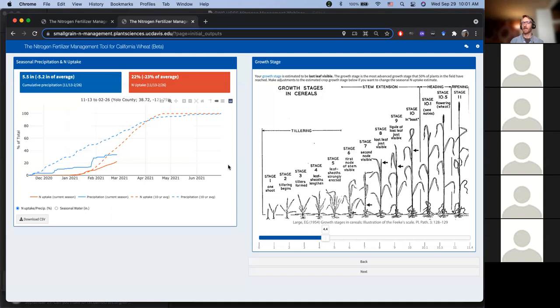Well, just to clarify, we're assuming water is available, either in the form of rain, which is going to occur as normal, or irrigation. The assumption is that the crop is not going to be limited by water. There are ways for us to account for water stress and reduce the estimate accordingly in a more direct way, but right now we're not directly doing that because we don't have quite enough data.